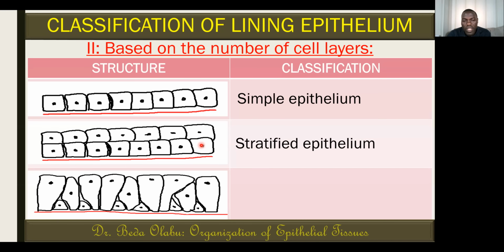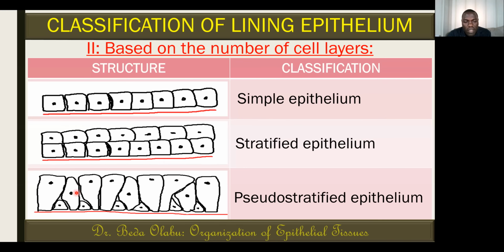So in stratified epithelium, you have more than one layer of cells, and there's no way the cells on the apical side will rest on the basement membrane or the basal lamina, as opposed to the last one, which we call pseudostratified epithelium.